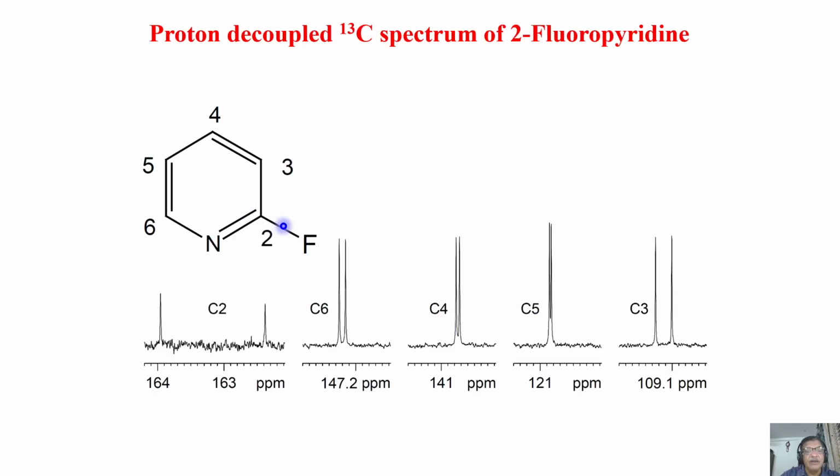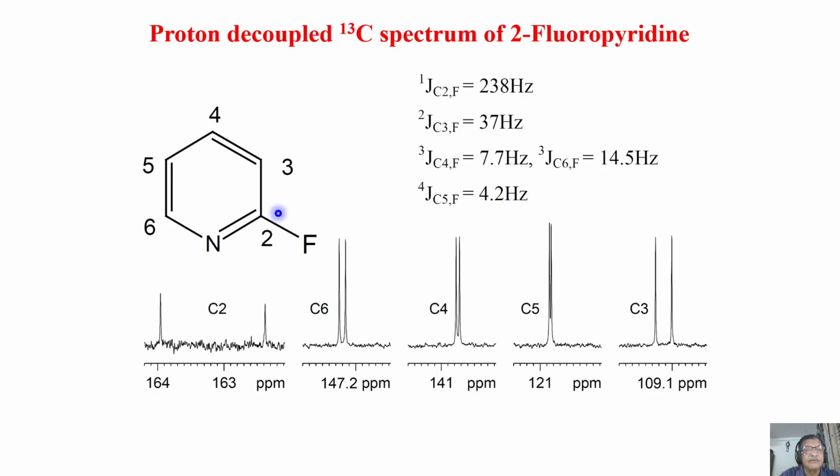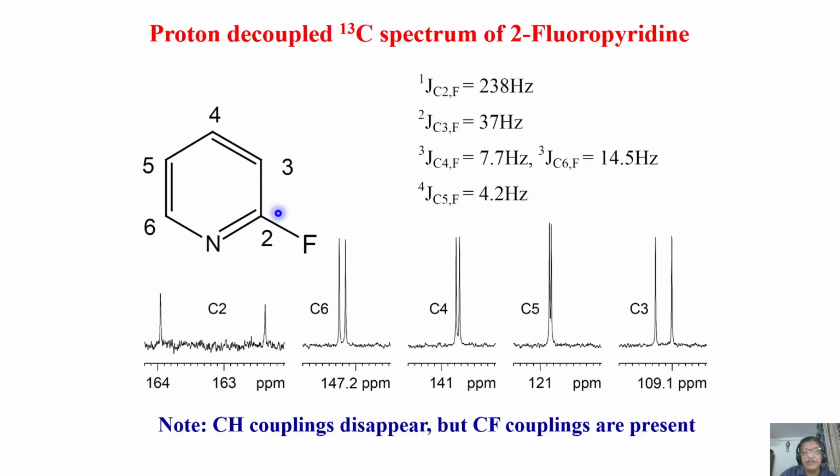This is 1, 2, 3, 4 bonds away. So for all the carbons, based on the strengths of the coupling, you can make the assignments. Very easy in this case. In the proton decoupled carbon-13 spectrum of this, based on the coupling strengths of the heteronuclei between carbon and fluorine, all carbons can be assigned. We don't need to worry about the proton coupling at all in this example.